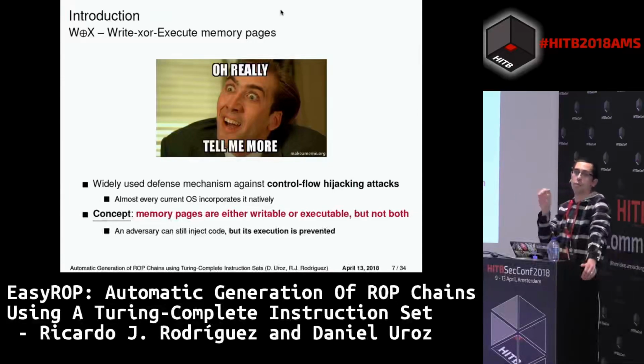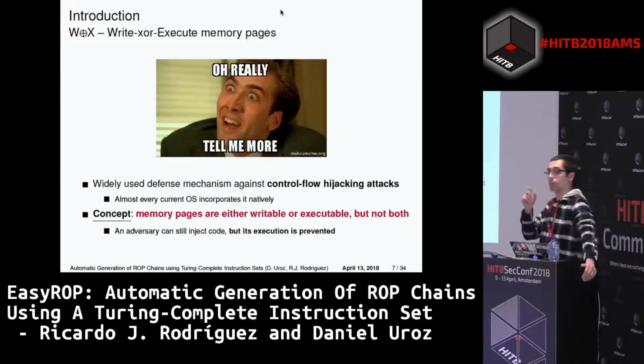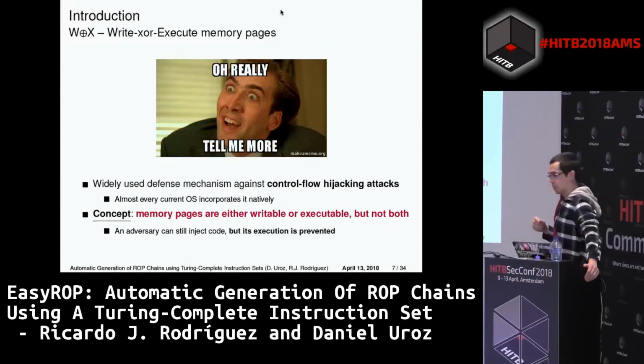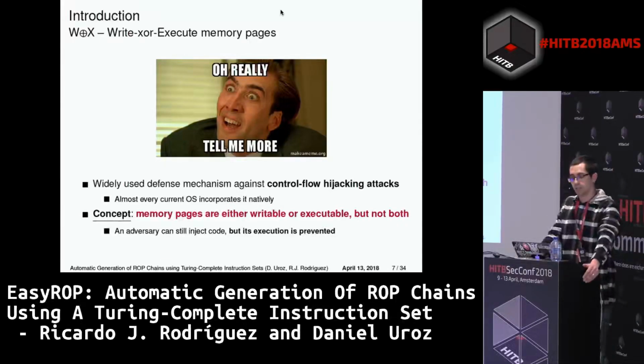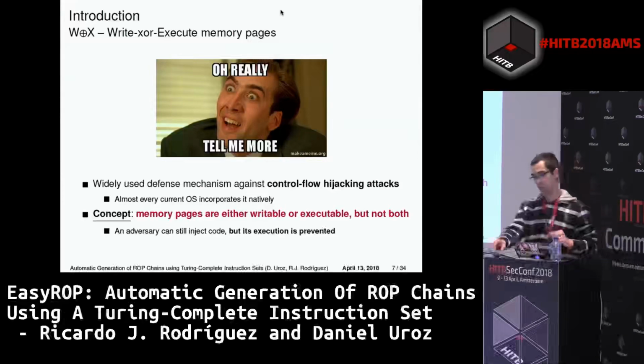So we can have memory pages in which I can write and I can read, but I cannot execute. Or otherwise I can have a memory page in which I can read and execute, but I cannot write, okay? Anyway, let me note that if we have this kind of defense mechanism, the adversary, the attacker, can always still inject code, okay? But the thing is that this defense will prevent execution. This is important to be noted.